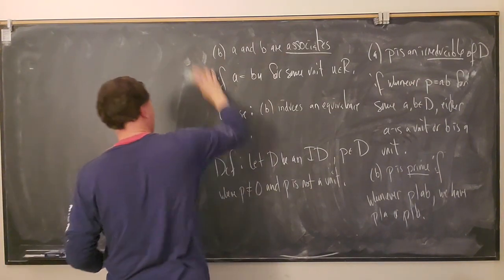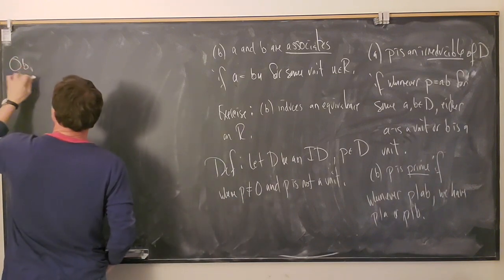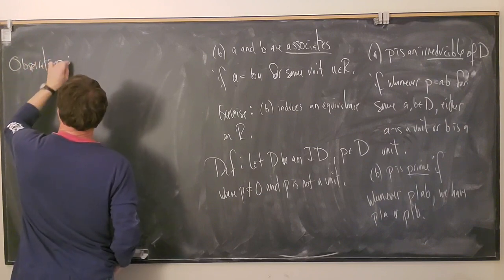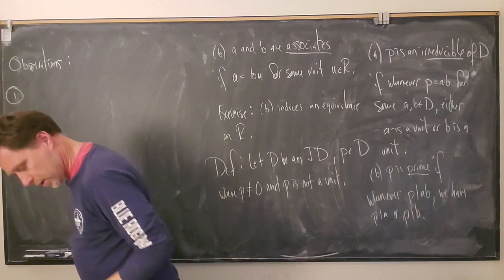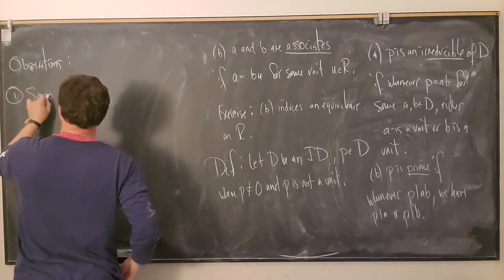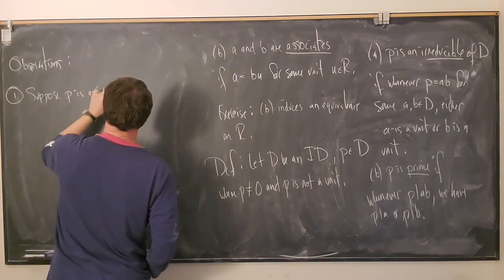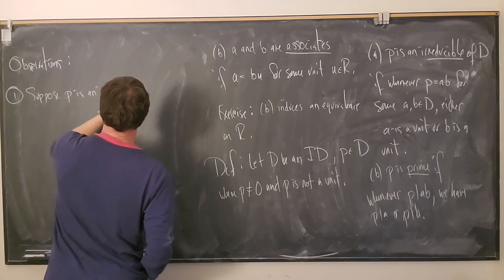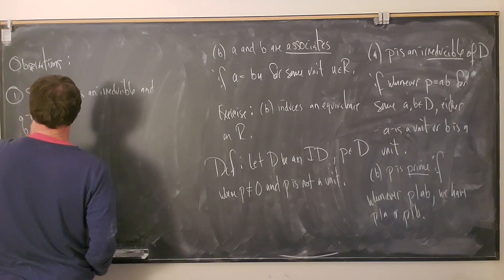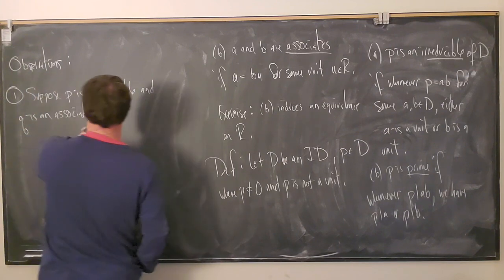Yeah, in fact, we have a few observations that we get from these definitions. So observations. Okay, the first one, so suppose P is an irreducible and Q is an associate of P, right?